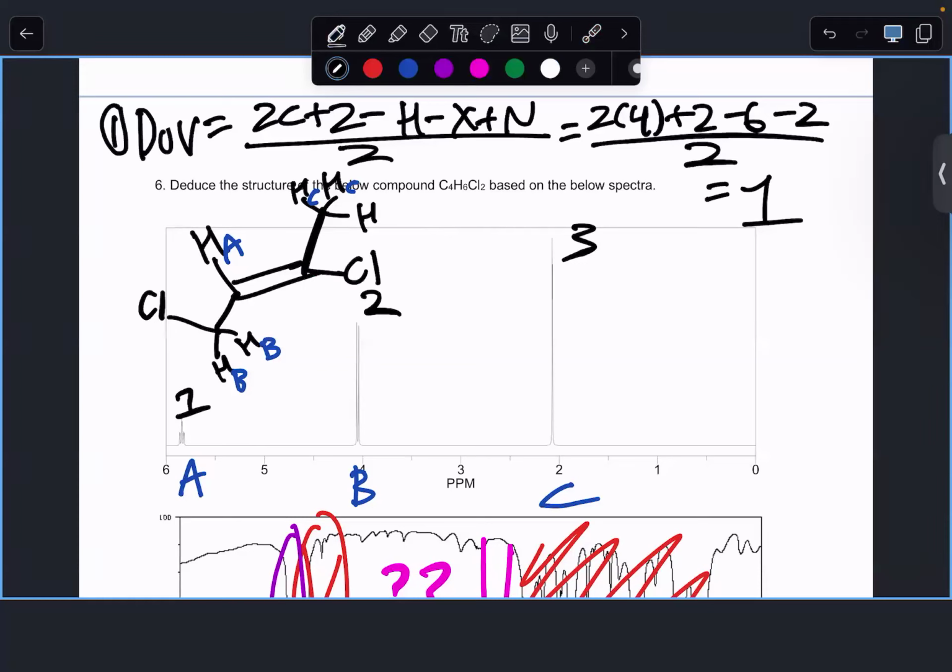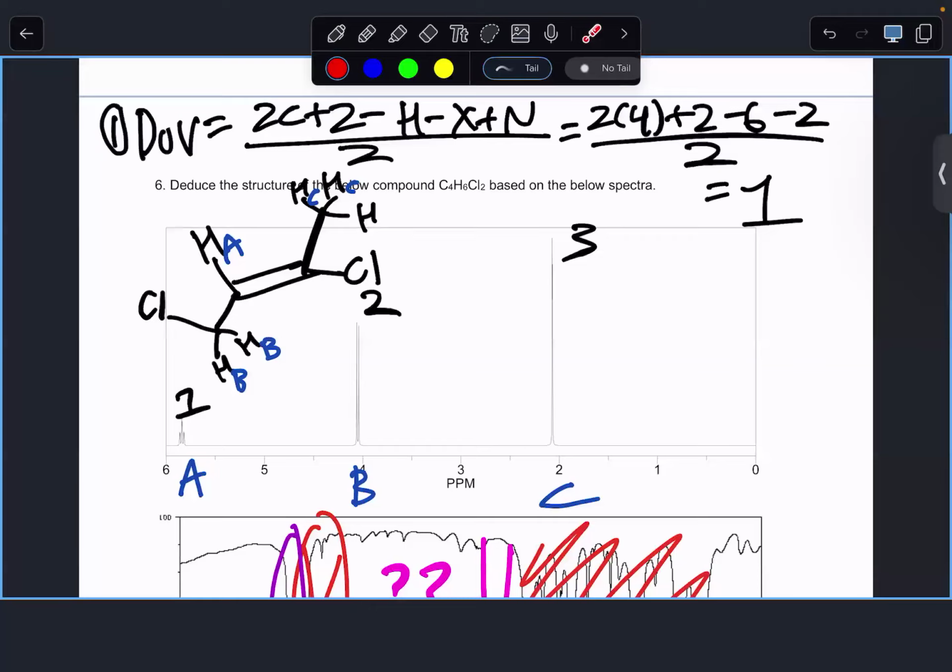We can't put the chlorine right here because that would make that integration too. The only spot we could put it is right here, because that can't be a hydrogen. If that's a hydrogen, then we would have another peak in the alkene range. We only have 1 alkene hydrogen, which is that 1 peak right there. And 1 DOU is accounted for by this double bond right there.